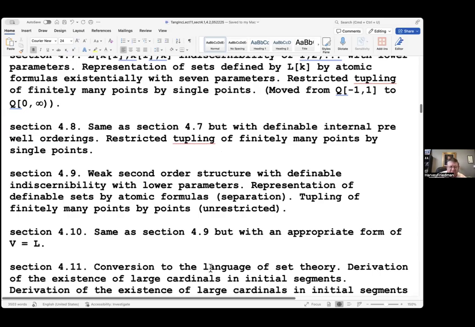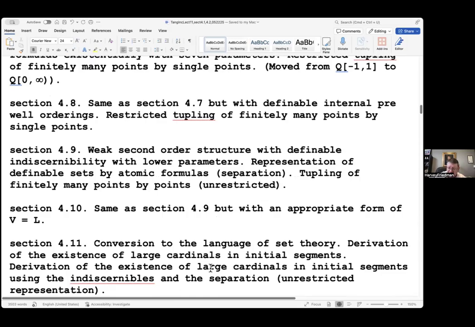We cut 4.9 down. So the step from 4.9 to 4.10 is Gödel's monograph on L. That's what that step is. So we developed this with an appropriate form of V equals L. If you remember those dollar signs and double dollar signs, that's the level in the constructible hierarchy.